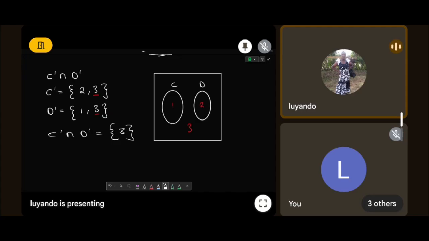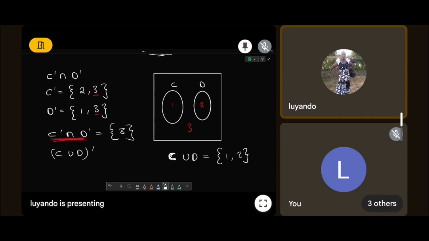And we find that 3 is what is outside set C and set D. From this we can simplify to the complement of C union D, because if you were to take C union D, it would be 1, 2.